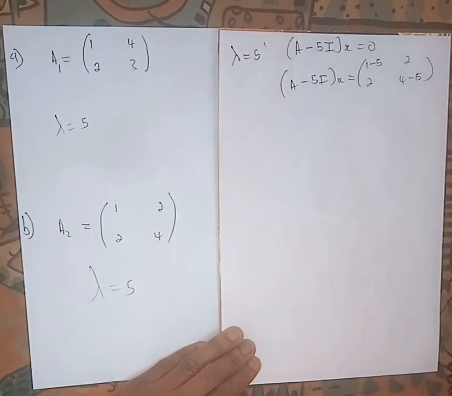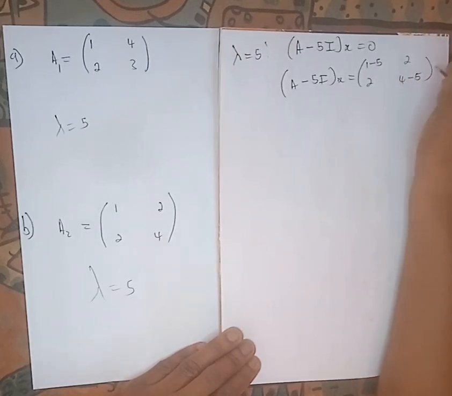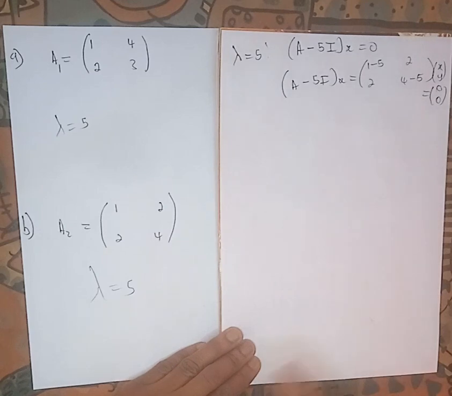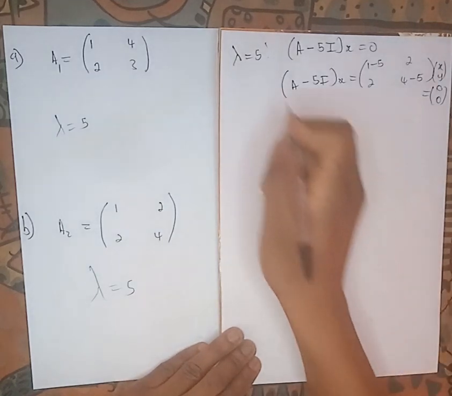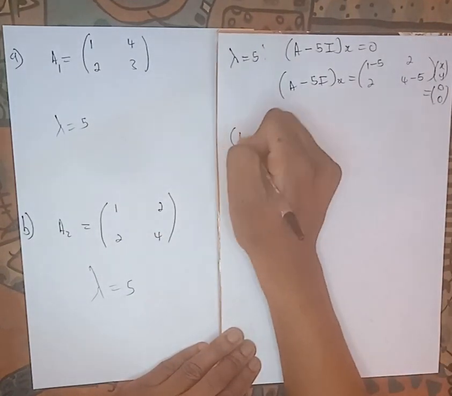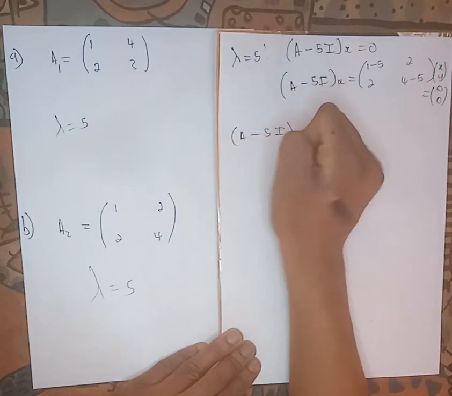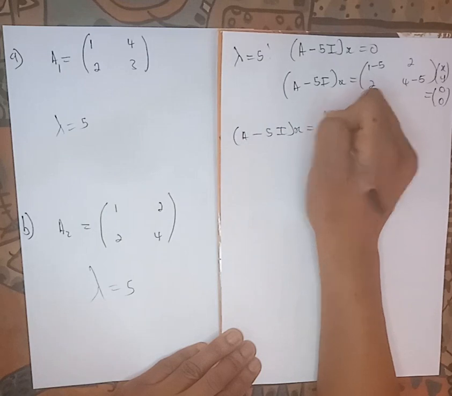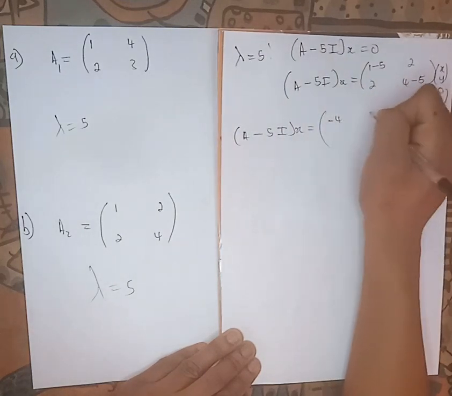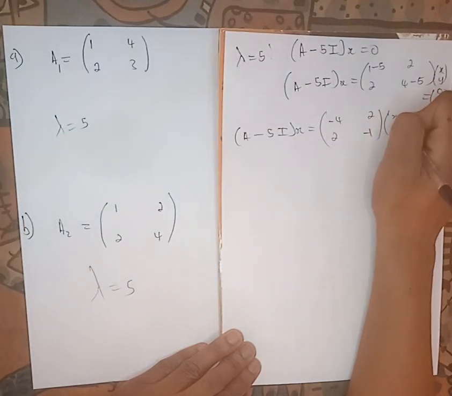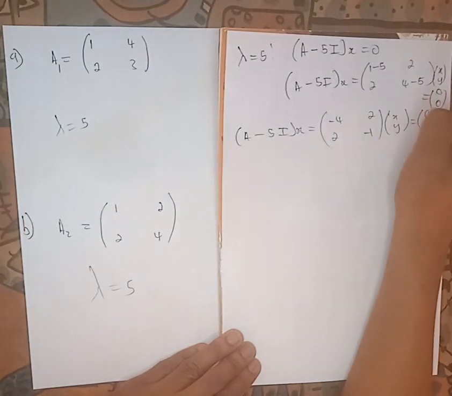We are subtracting along the diagonal. Don't forget, guys, this will be x and y, which will just be the same as 0 and 0. So this will be minus 4, 2, 2, minus 1, x and y, which is the same as 0 and 0.